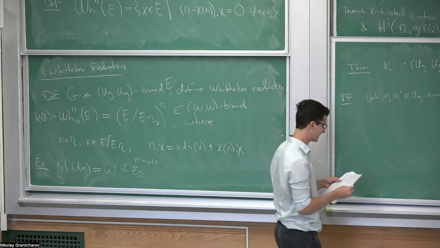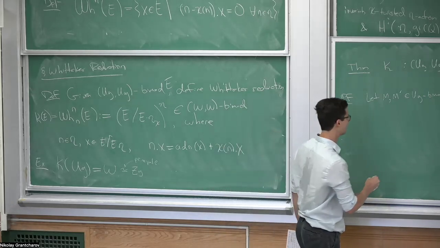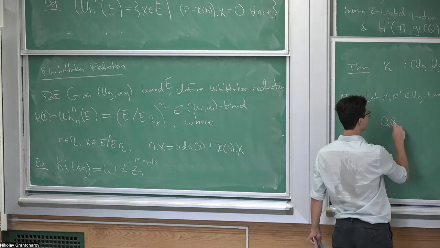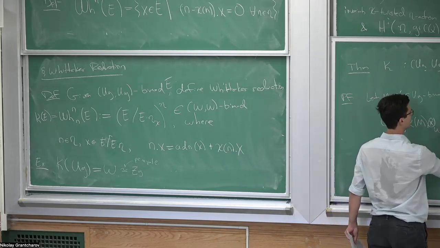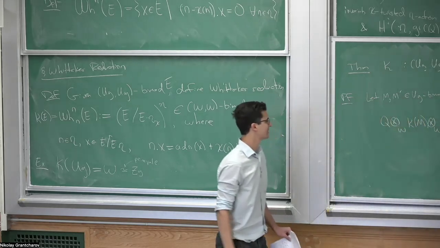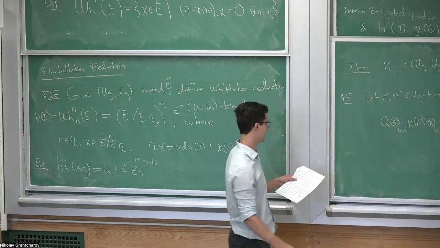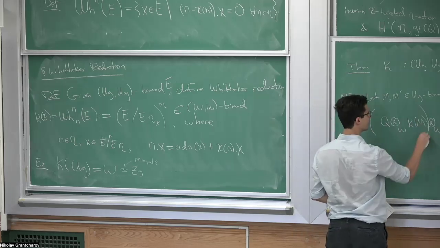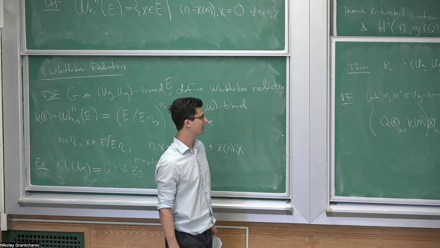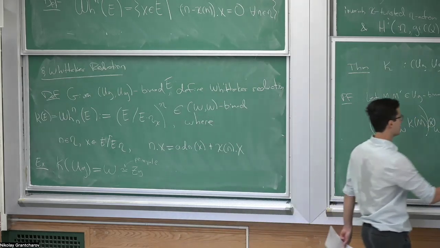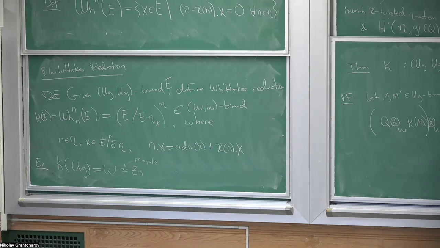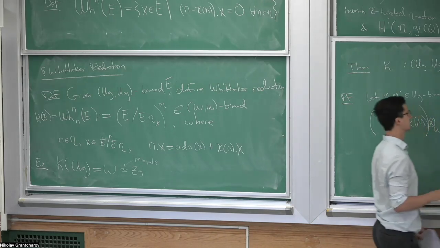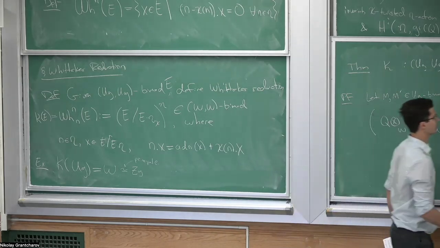Great, so here's the trick. Just tensor both sides by Q. Okay, so on one hand, look at this component and say by Skryabin that this is the same thing as taking M tensor UG.